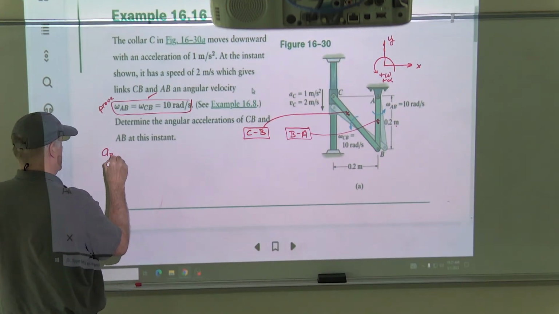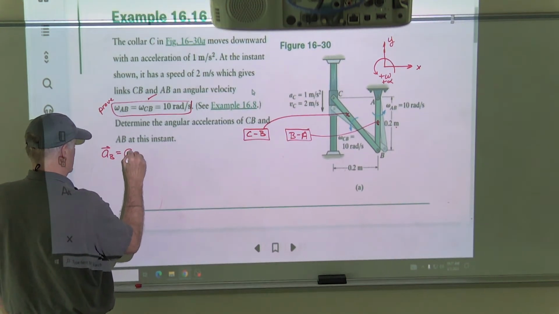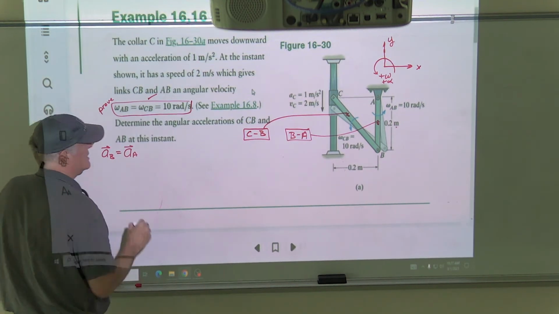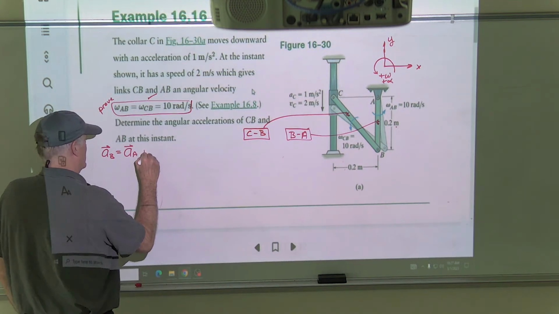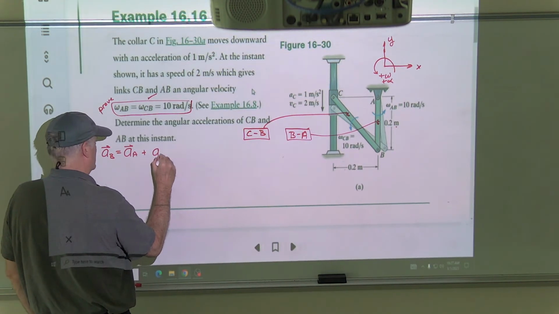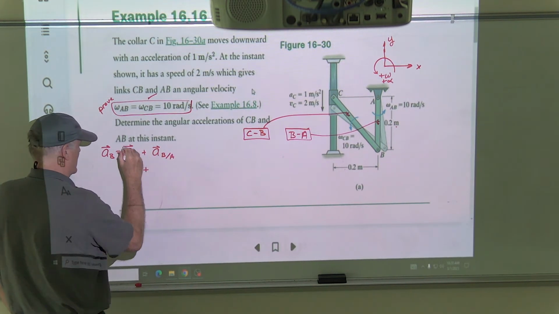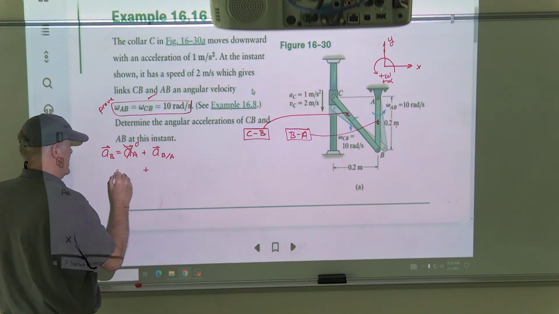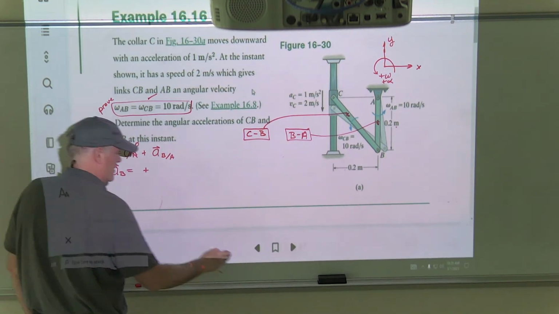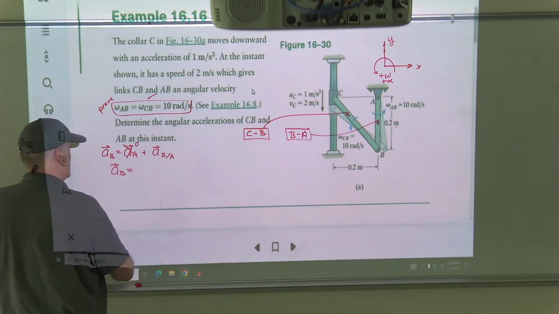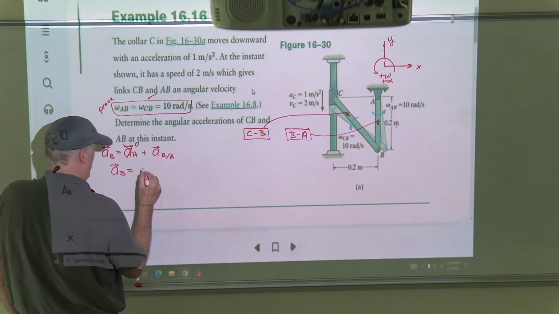Acceleration of B is equal to acceleration of A, that's the A, which is nothing, plus the acceleration of B relative to A. And this term, okay, so this is 0, and so now I can say the acceleration of B is equal to, and what is it equal to?